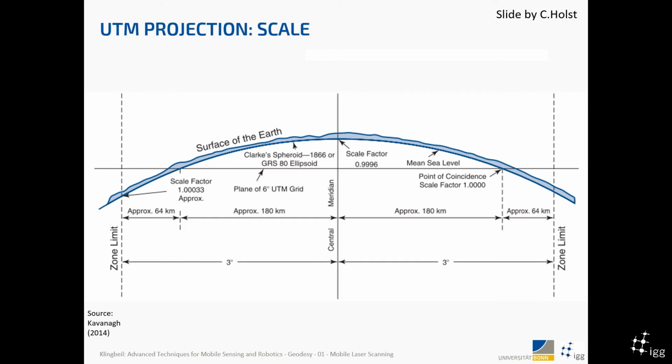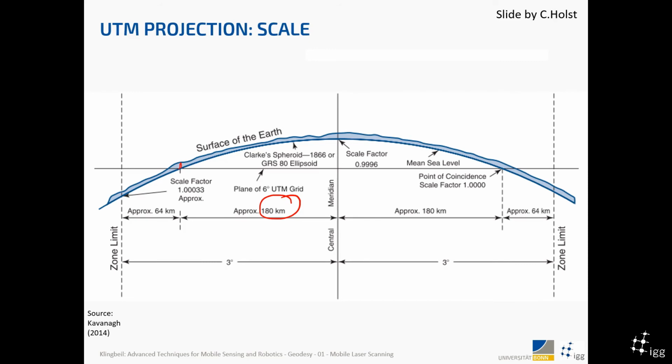Just to give you an idea of how much those 6 degrees are: between the central meridian and the point where the scale factor is basically 1, it's about 180 kilometers. And then until the border of the stripe, it's another 64 kilometers.